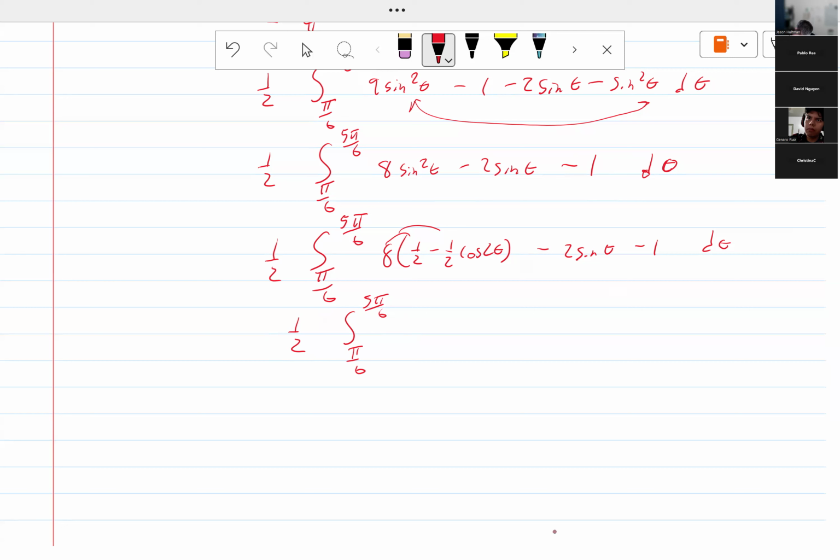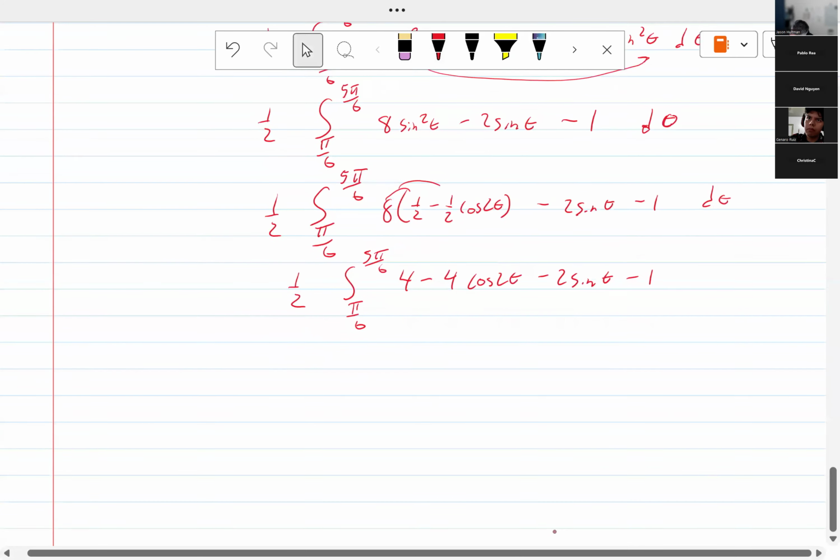This is going to become 4 minus 4 cosine 2 theta minus 2 sine theta minus 1. So now combine these here.